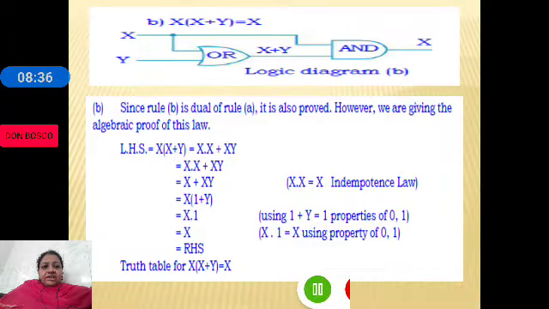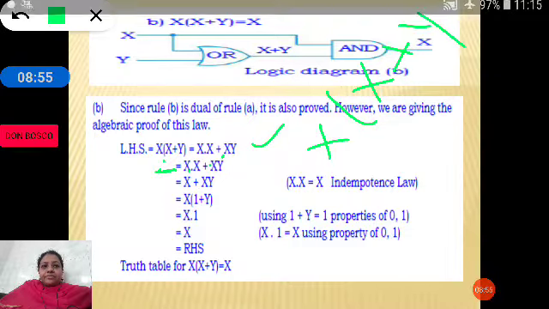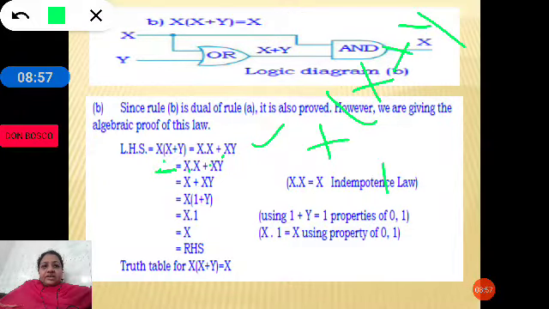Let us see how we can prove this. x into x plus y. x into x is xx, x into y is xy. So, we are multiplying x with x plus y, which is xx plus xy.